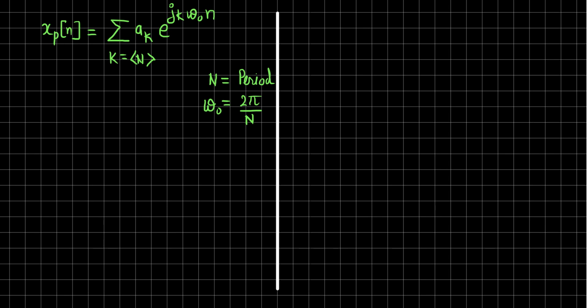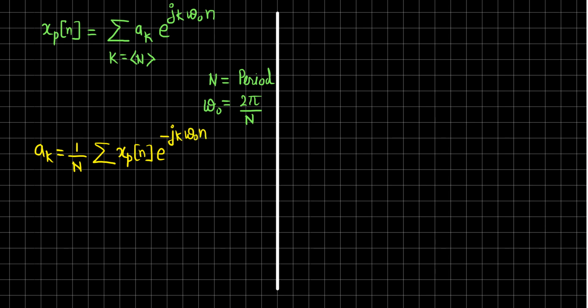The ak are the Fourier series coefficients that are given by ak equals 1 by N summation xp of n e power minus jk omega naught n.